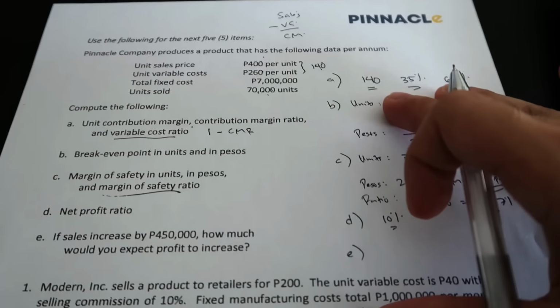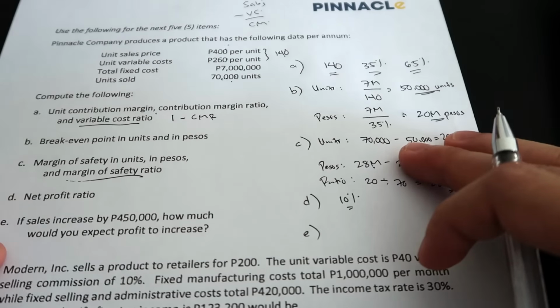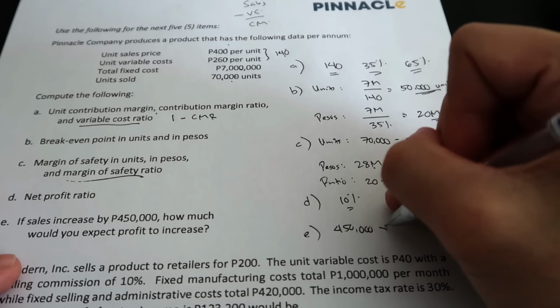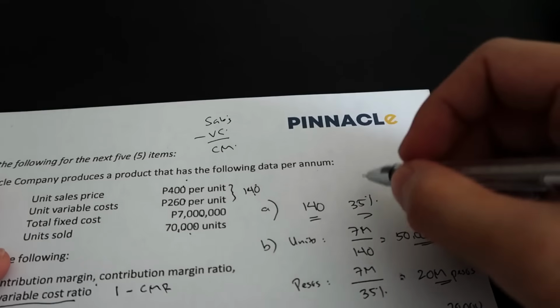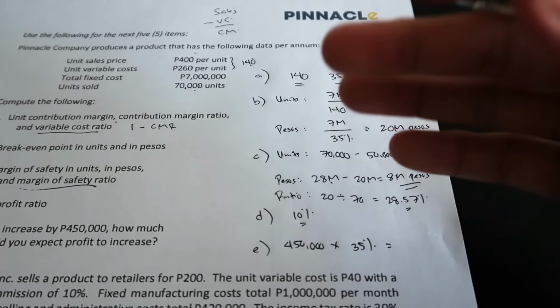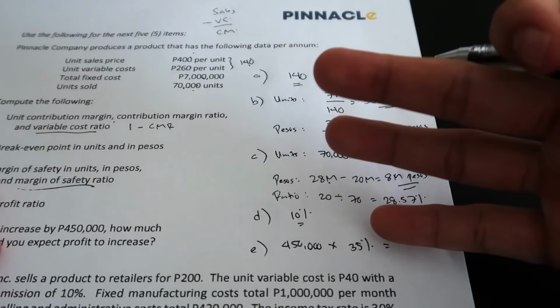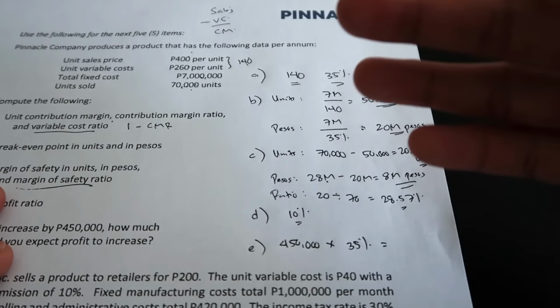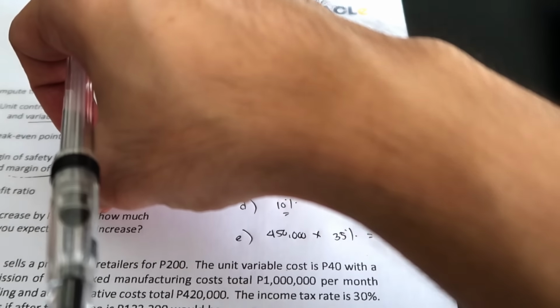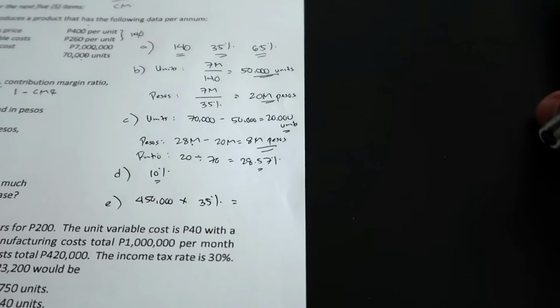It means the fastest way to compute for this is basically 450,000 sales, multiply ko lang yan by the CM ratio of 35%, okay? Since again, once ma-cover mo na yung fixed cost, yung effect to your profit is basically equal to your contribution margin. If this is sales, this is the CM ratio, 35%.